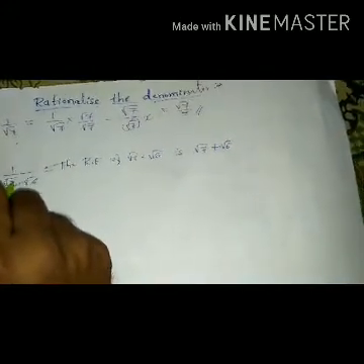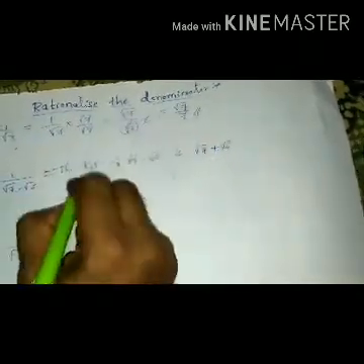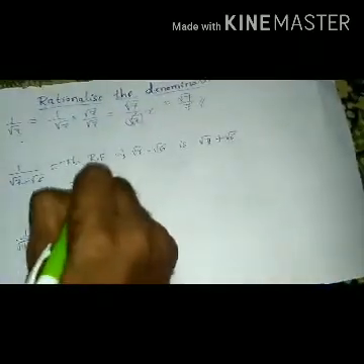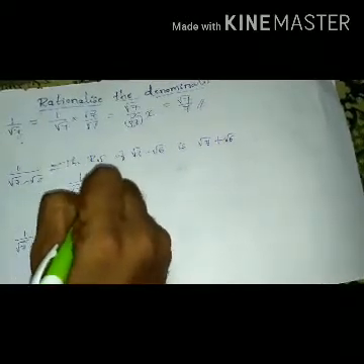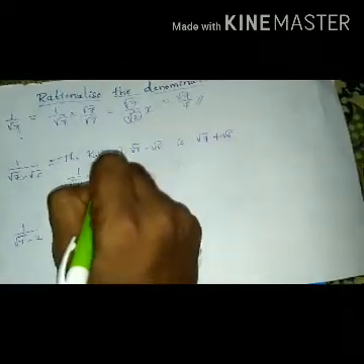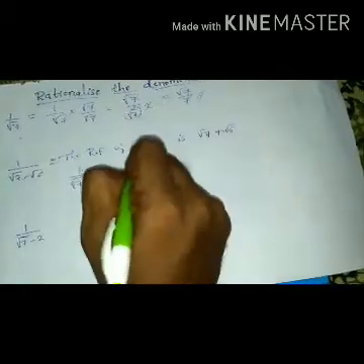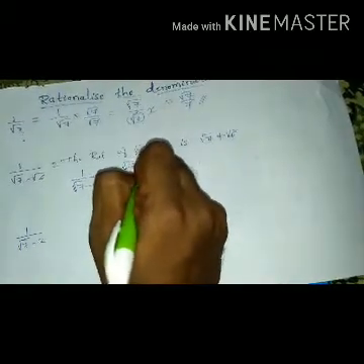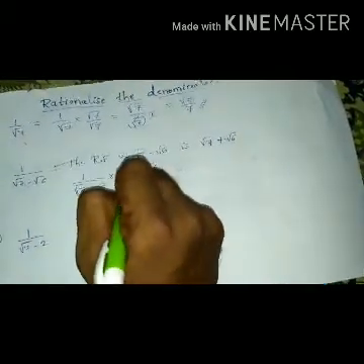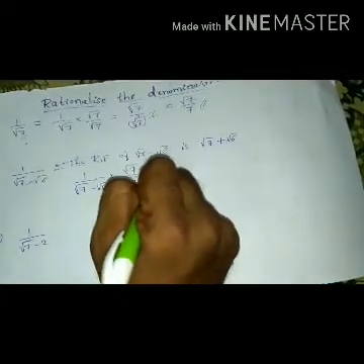See here, in the denominator there is a negative sign. In the rationalizing factor we have its opposite sign, that is plus. So multiply 1 by root 7 minus root 6, multiply both numerator and denominator by the rationalizing factor, that is root 7 plus root 6, root 7 plus root 6.